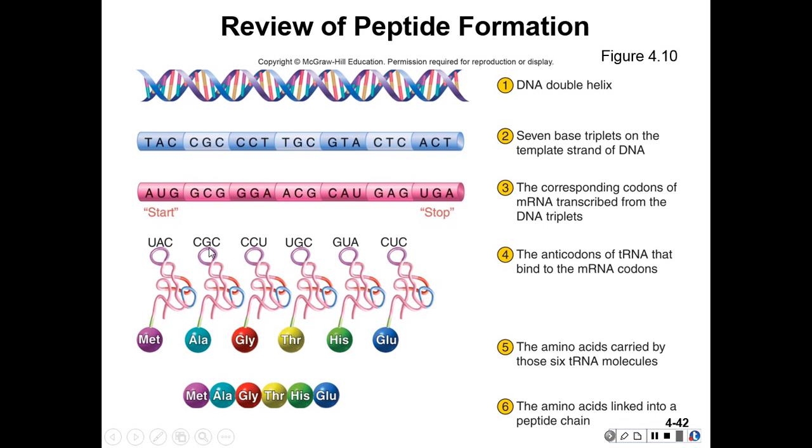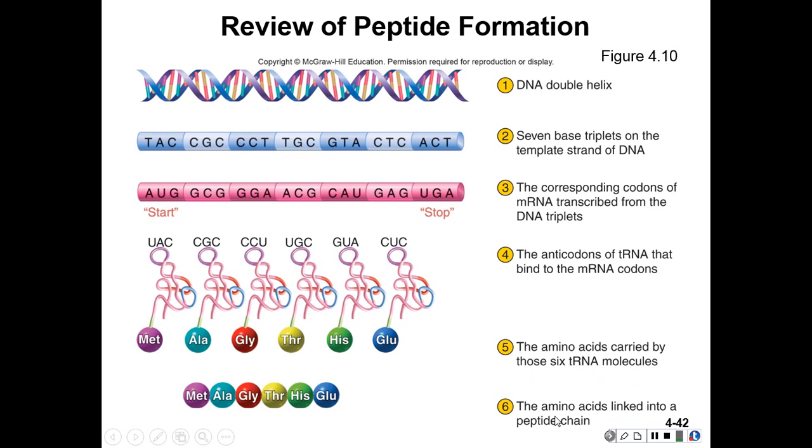It's going to carry them. And these are from the same codons, or base triplets, that we used from the DNA to the mRNA. These are the same ones transferred that we're going to have these particular amino acids forming. Okay? So the amino acids are carried by these 6 tRNA molecules.